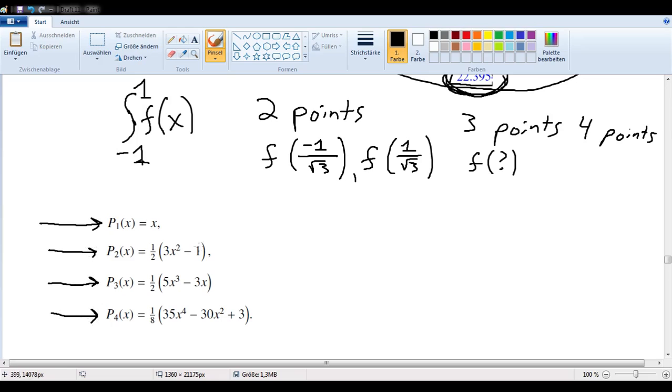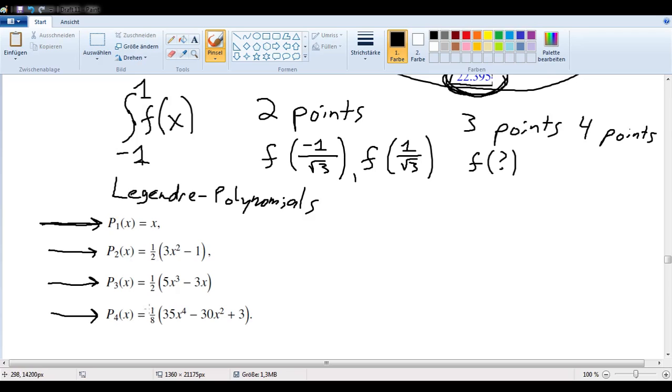These are called the Legendre polynomials. I should say it's a sequence, not a series. P1 of x is x, and P2 of x is 1/2 times 3x squared minus 1, etc.